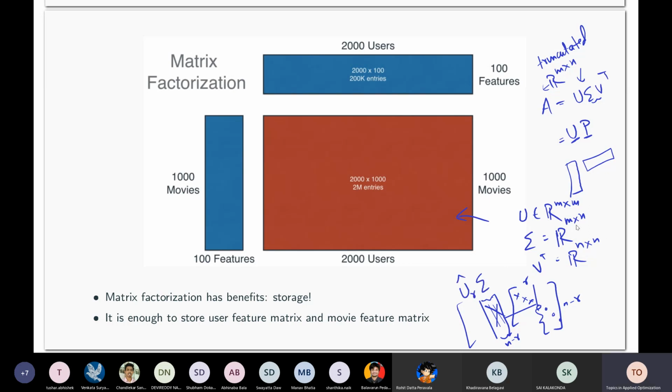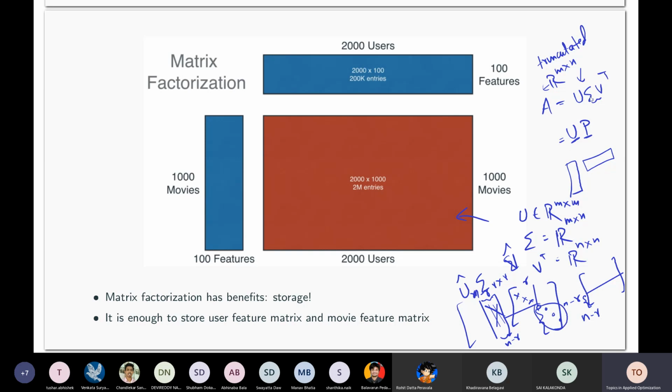and then, yeah, M minus R you can think of, and then R by R. And then V hat also, I can truncate V hat also. In V hat the remaining N minus R rows will be useless again because of the zeros here.